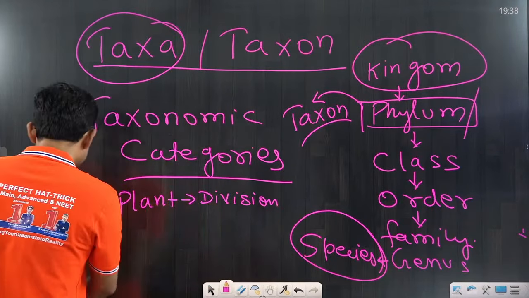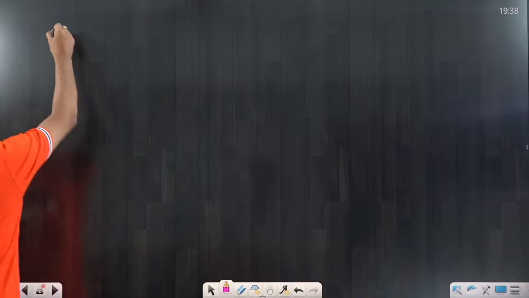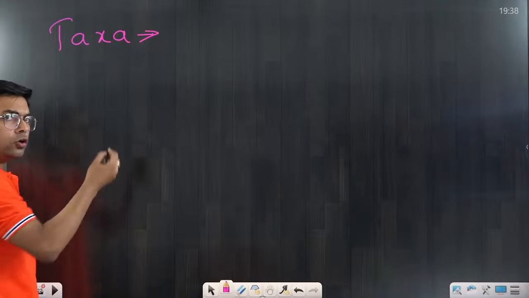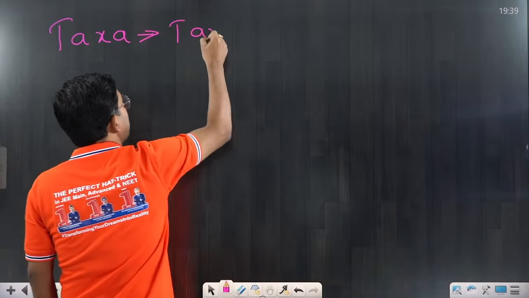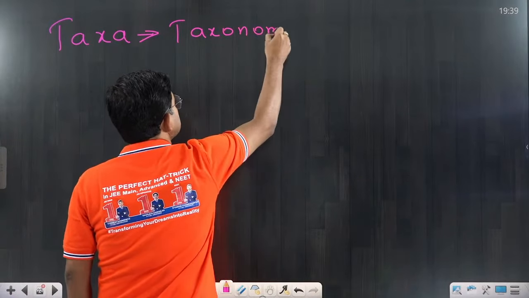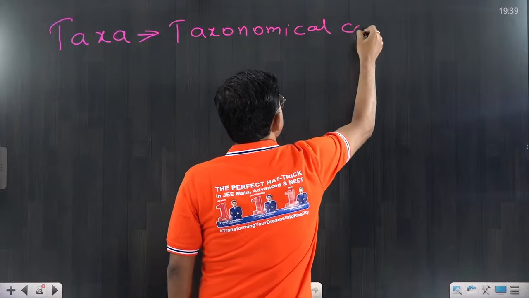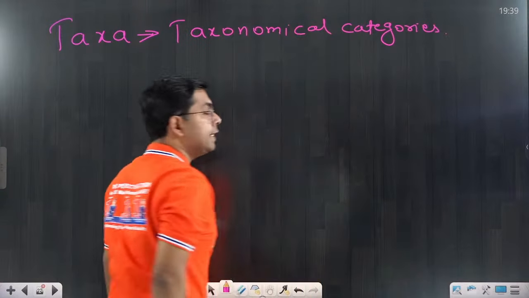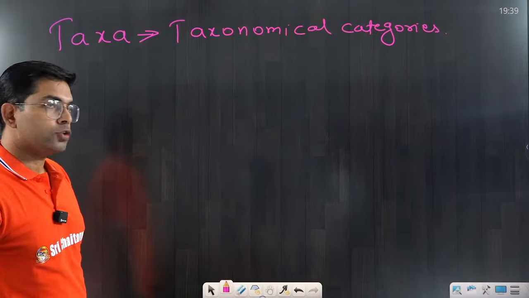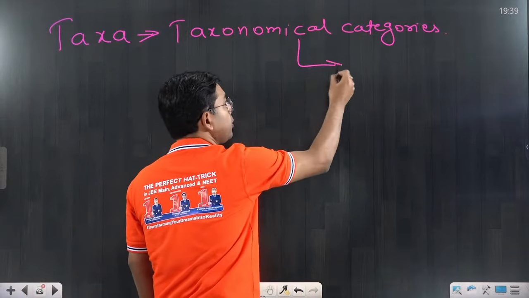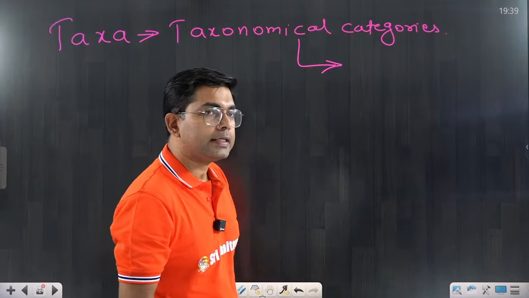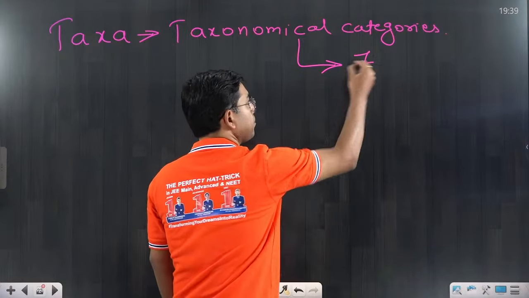So here let's see a few terms. One term we have seen, taxa, right? Or you are also calling it taxonomical categories. So if I ask you how many taxonomical categories are there? 7.